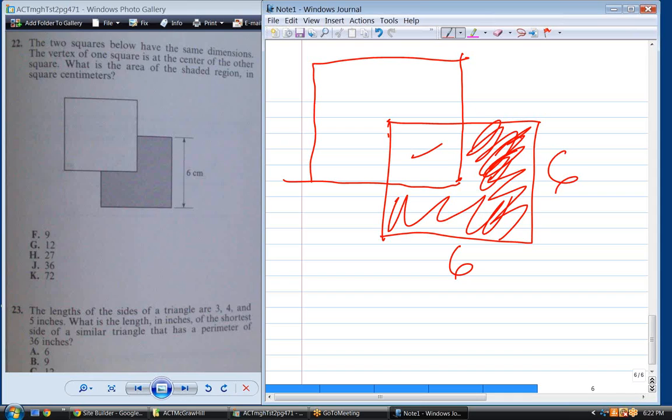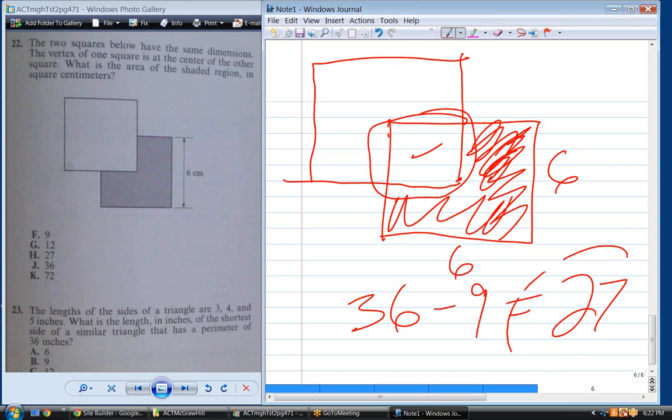Okay. What's the area of the whole square? 36. What's the area of this little corner part? 9. 27. In other words, what we want is either the area of this whole square minus the little corner part, or we could just say, oh, that's 3/4 of the square.